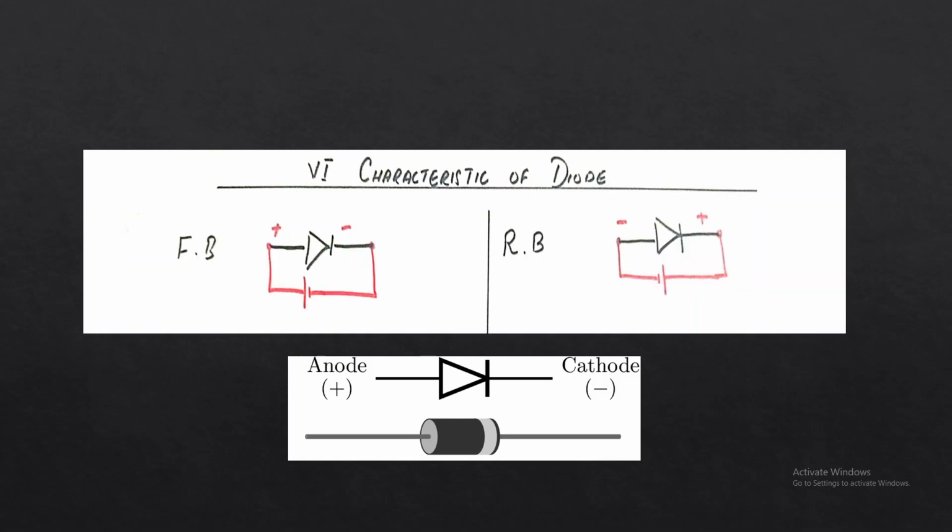So in forward bias, if you connect the positive terminal of the battery to the anode and the negative terminal of the battery to the cathode, this is called forward bias. And if you connect the negative terminal of the battery to the anode of the diode and the positive terminal of the battery to the cathode, this will be reverse bias.